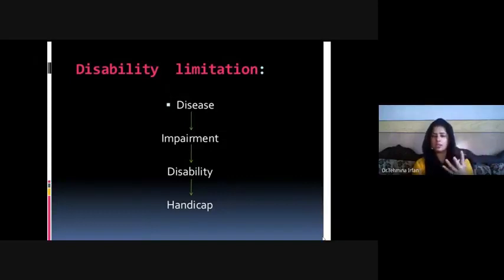It is a disease that affects the pyloric part of your stomach. Whatever he or she eats, they vomit out, or have pain in the belly, and could not digest the food. So an impairment developed: the person cannot digest the food. That is the impairment.